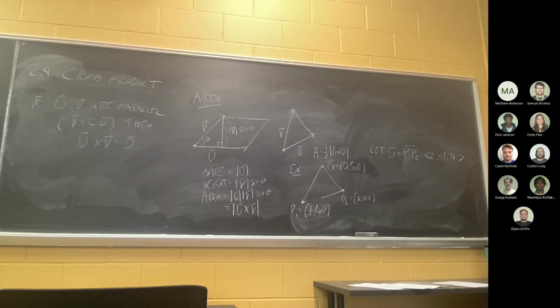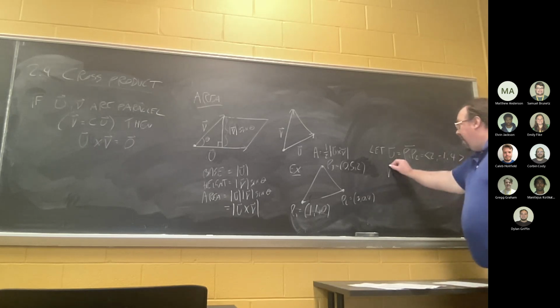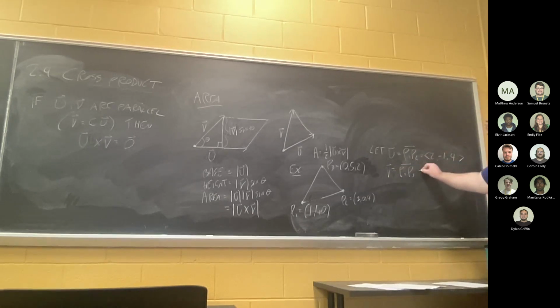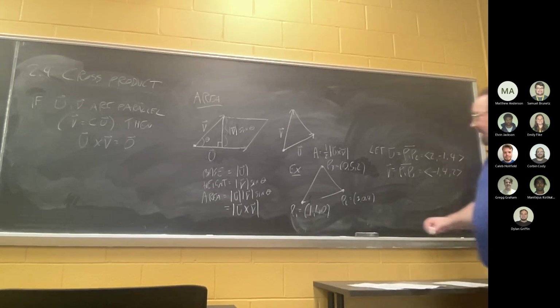I have 3 in there in my notes for some reason. Now define V to be a vector from P1 to P3. All right, so now we have V.